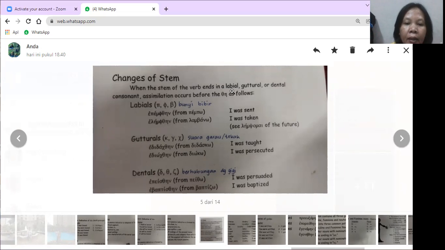For example, epemphthen from pempo, meaning I was sent. Elemphthen from lambano, meaning I was taken.